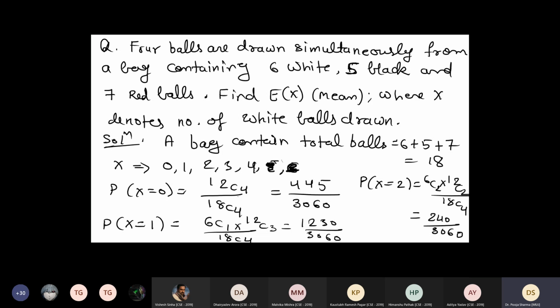Therefore, in the second case, when x equals 2, the total cases remain 18C4, but in the numerator 6C2 into 12C2. So that will be 240 upon 3060. Similarly, we can find for x equals 3 and x equals 4.